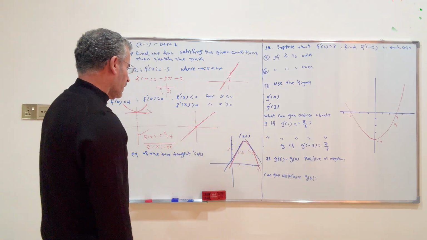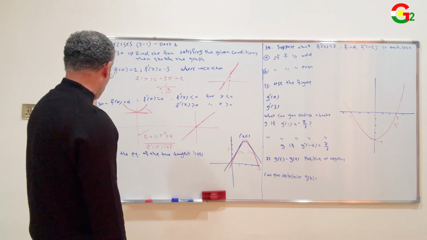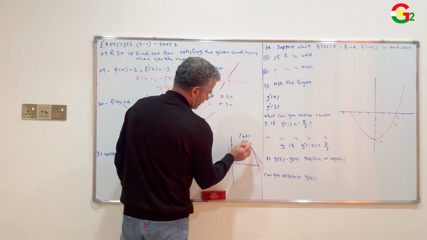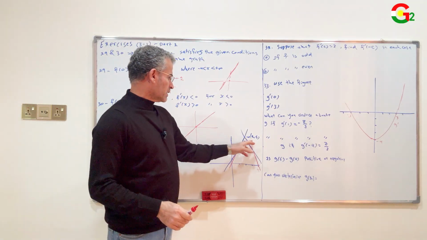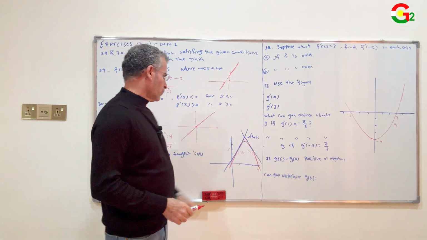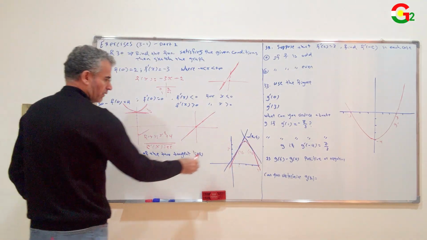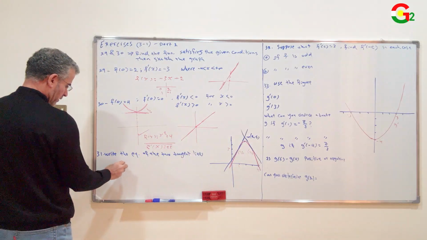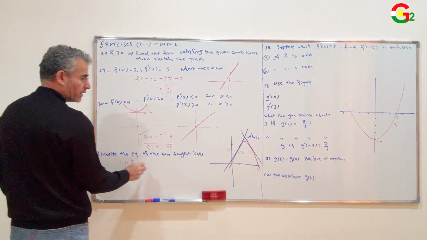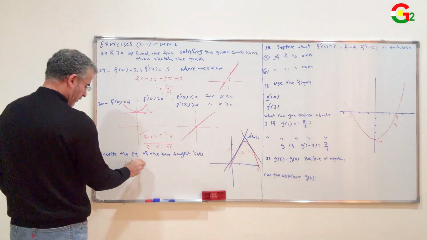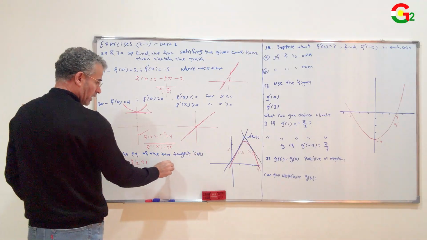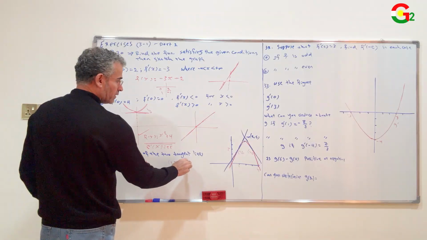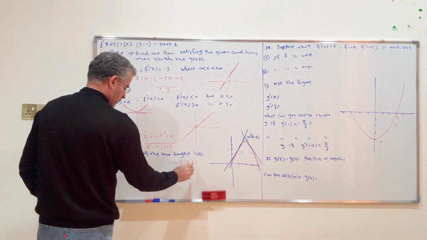We want to find the equation of these two tangent lines, and the tangent lines intersect at the point (2, 5). Therefore, for the first tangent line, we have 2 points lying on it, (1, 3) and (2, 5). For the second tangent line, we have 2 points, (3, 3) and (2, 5).